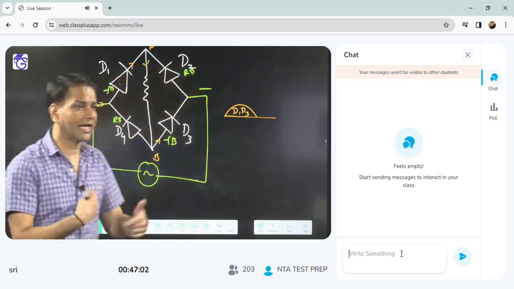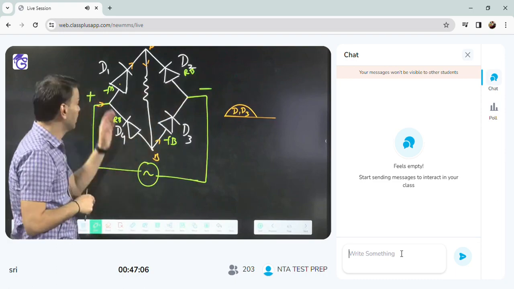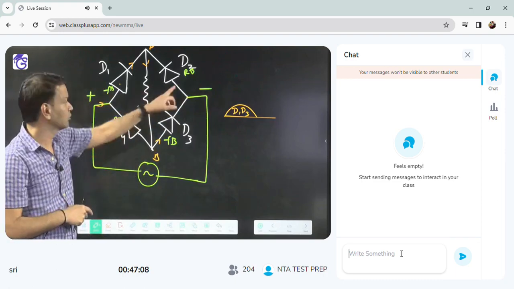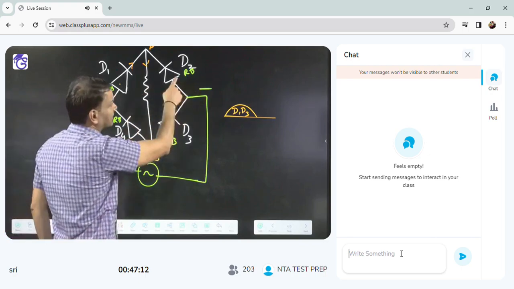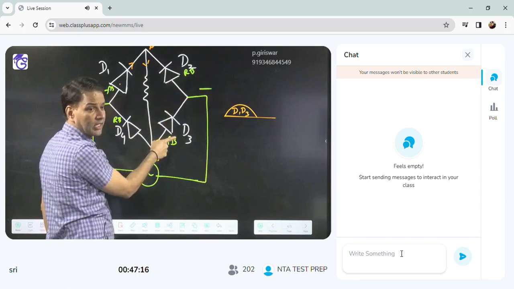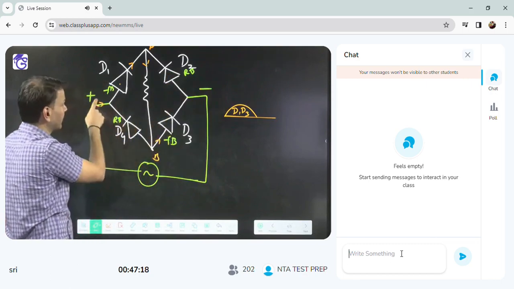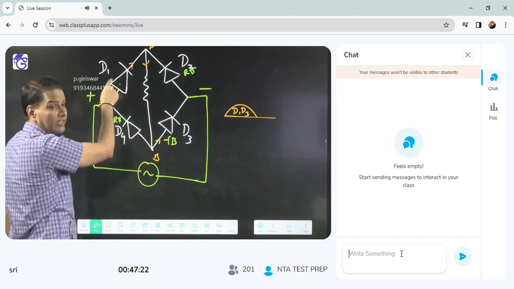Okay, now what will happen in the next cycle? When this becomes negative, this will become positive. The polarity gets reversed. When this is positive, D2 will be in forward bias and D3 in reverse bias. Here it is negative, so D4 is in forward bias and D1 is in reverse bias.